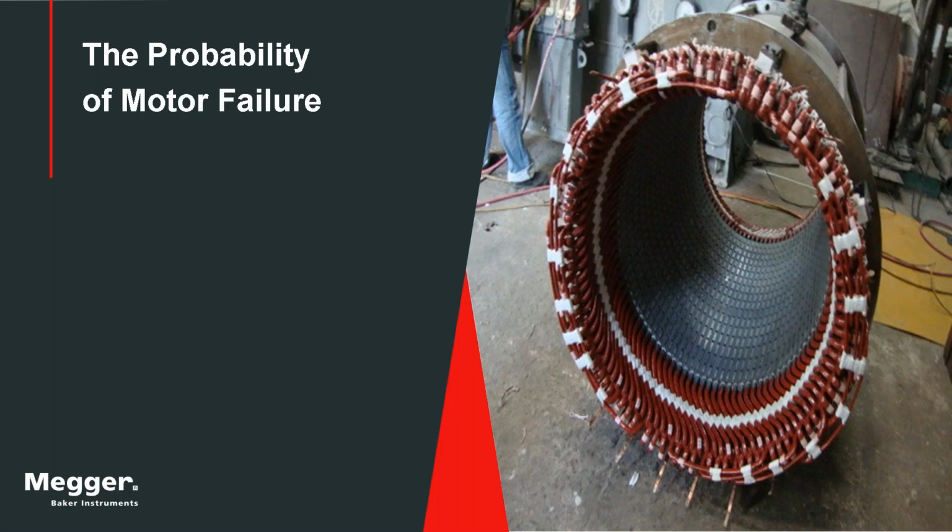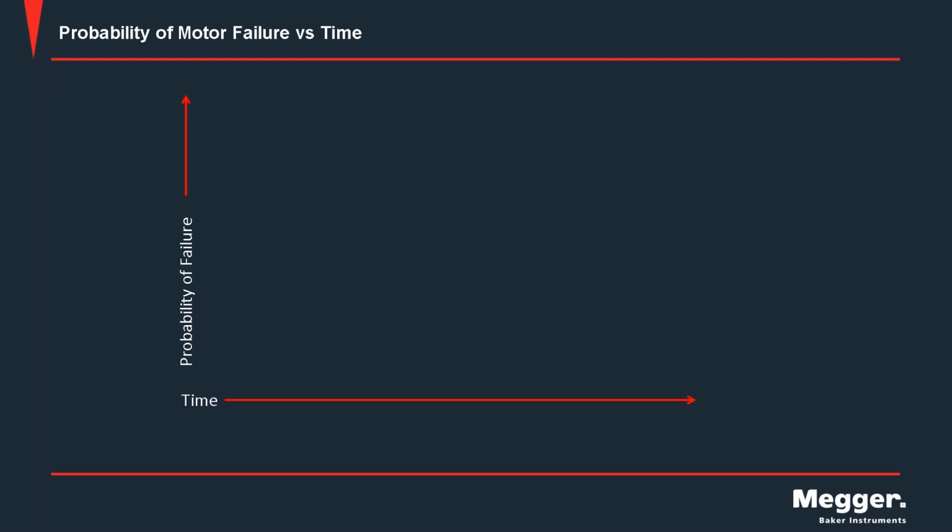So let's just jump right into the material. We're going to start off by talking about why motors fail, probability of your motor failure. As many of you may be aware, obviously motors fail all the time. The probability of failure is defined by this curve here.